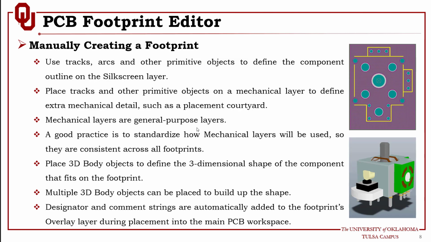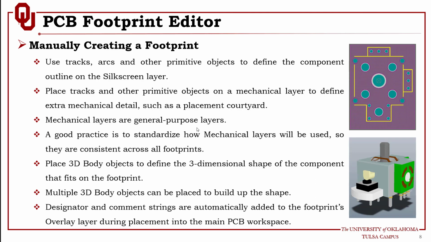On the second slide, we can use tracks, arcs, and other primitives to define the component outline on the silkscreen layer. We will see we have a set of tools we can use for making the footprint drawing.